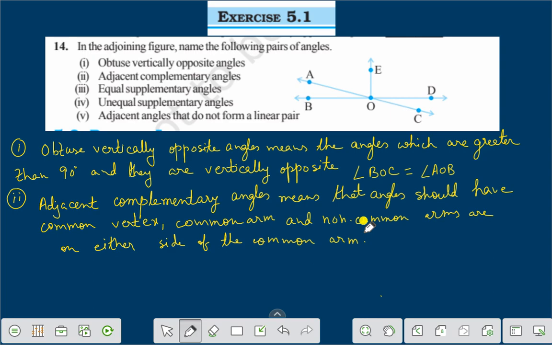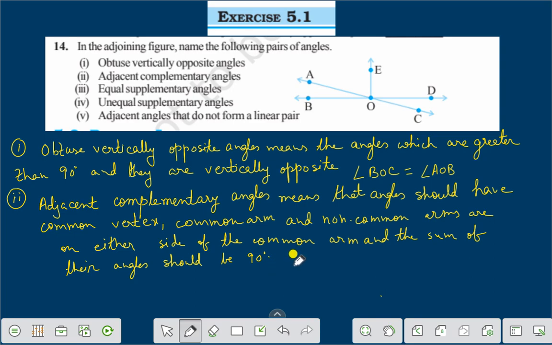Here we will find that adjacent complementary angles, right, and the sum of their angles should be 90 degree, right. Here you see this angle AOB.